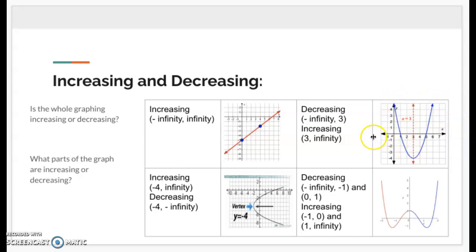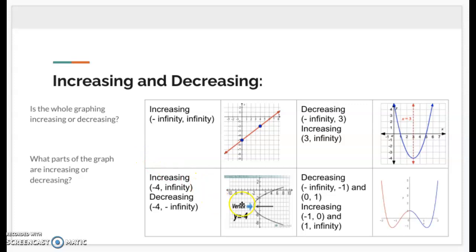From my negative numbers all the way to 3, it's decreasing. So from negative infinity to 3, it's decreasing. And then from 3 to positive infinity, all my positive numbers, it's going to be increasing. So for this side of the graph, it's decreasing. For this side of the graph, it's increasing. So this is how I would write that.